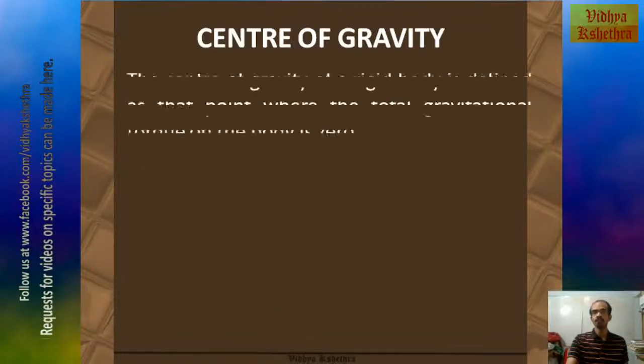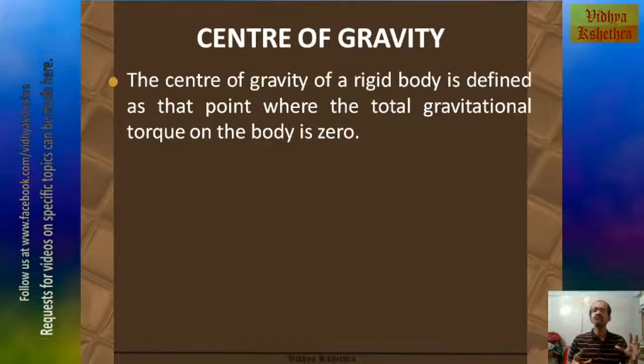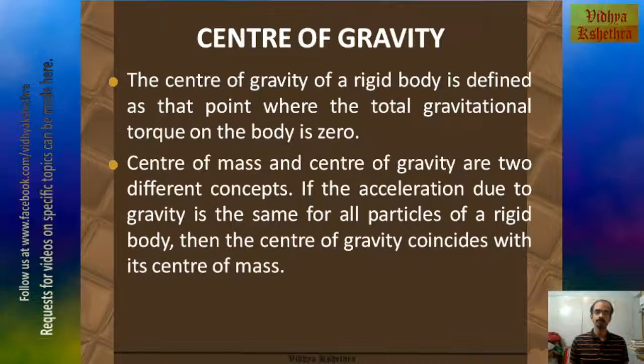Now, center of gravity. The center of gravity of a rigid body is defined as that point where the total gravitational torque on the body is 0. Center of mass and center of gravity are two different concepts. In the case of center of gravity, the torque acting on the different particles of the rigid body cancel out.